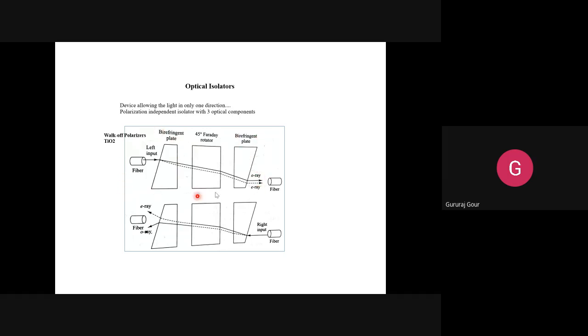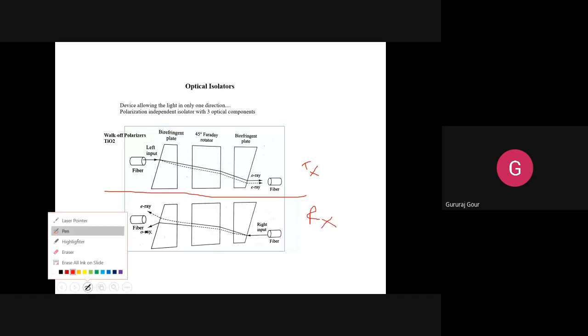This one is the transmitter section, guys. If you look at this one, this part is the transmitter part. This one is the receiver part. So in the transmitter part, you have the polarizer plate, the birefringent plate, at the initial and at the end side, with different edgings.